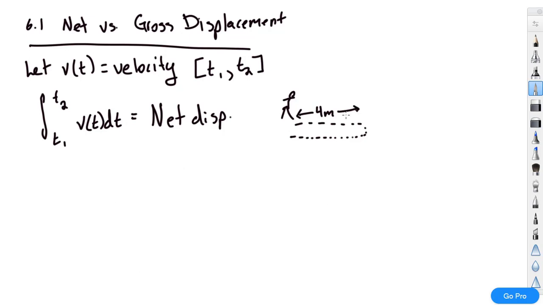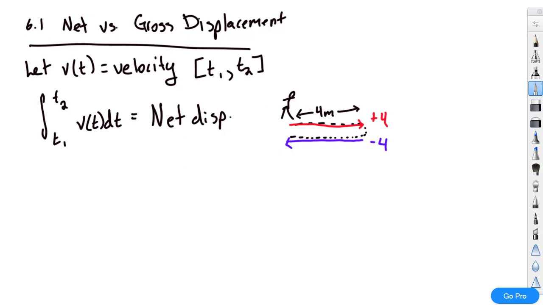If they walked that distance, 4 meters away from themselves, that's going to be a positive displacement. And then, when they turn around and walk back this direction, that's going to be a negative displacement, since they're losing distance when they're walking back towards themselves.